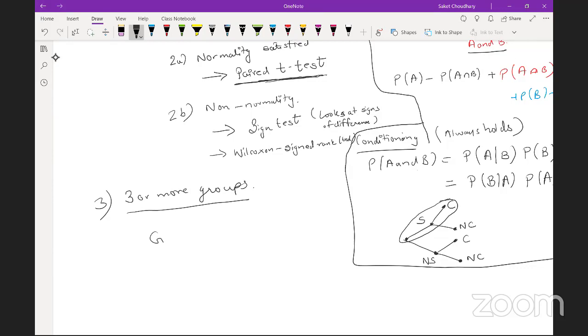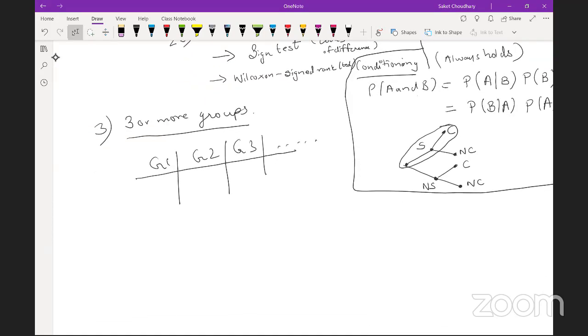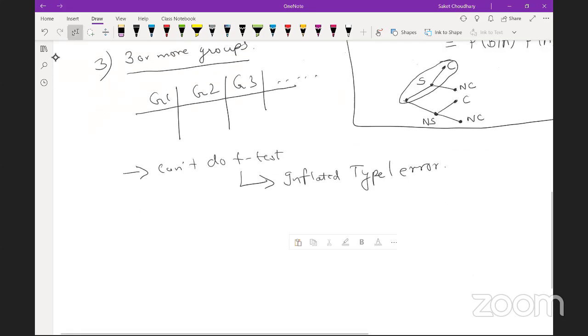So we had group 1, group 2, group 3, and so on. And in such a setting, we said we can't really rely on t-testing, because it leads to inflated type 1 error. While we are at it, let me also explain what type 1 error is.